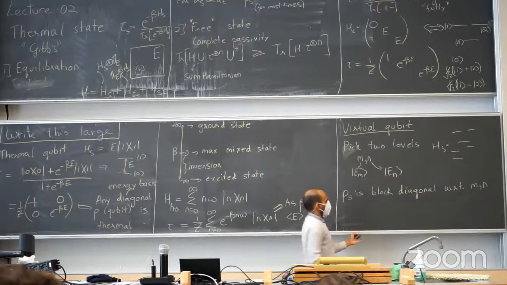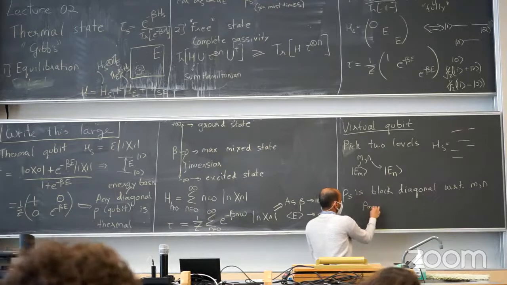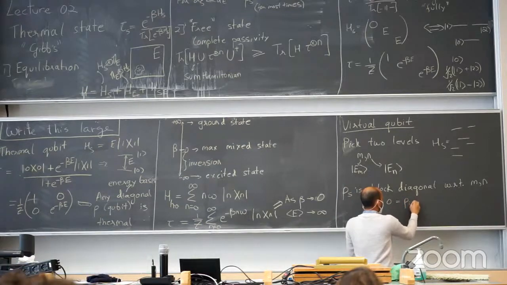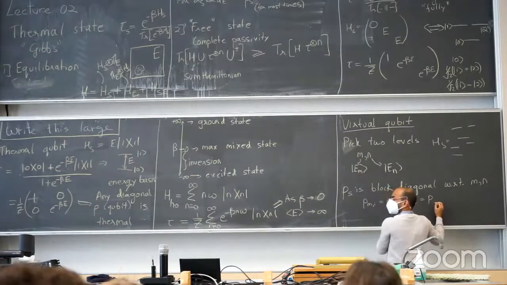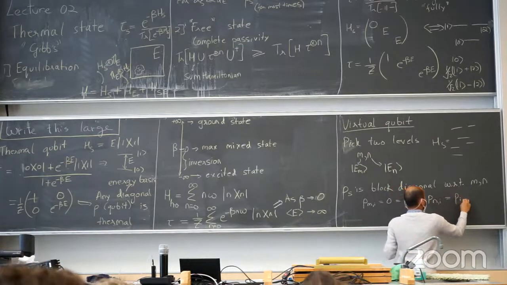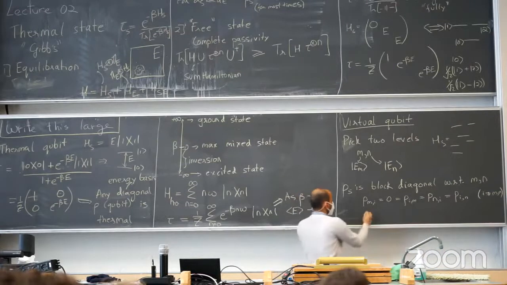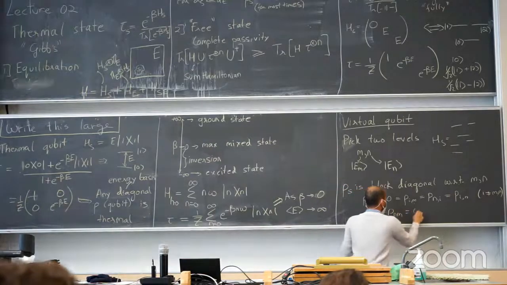Now, mathematically, what this means is that all of the density matrix elements rho Mi is equal to 0, as well as rho Im, as well as rho Ni and rho In for I not equal to M or N, and also rho Mn is equal to rho Nm is equal to 0.